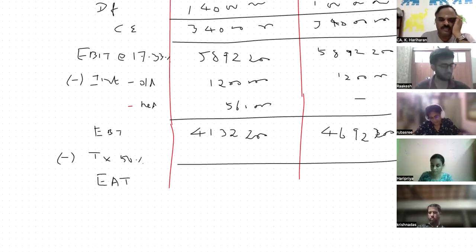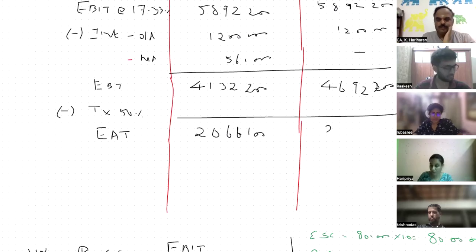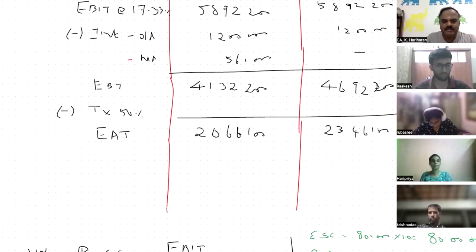Any doubt up to this stage? Now, this is the earnings after tax divided by the number of equity shares. How many equity shares? 8 lakhs for the first option, because the additional fund is from debt only.